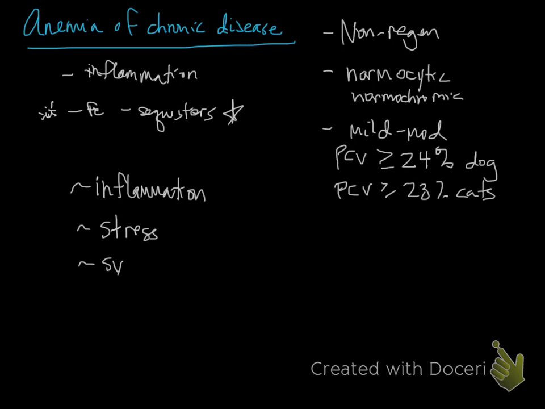And then you're going to look for other systemic illnesses, which we haven't gone through really any of these yet. So systemic illnesses could be things like liver failure, it could be underlying neoplasia, it could be something else going on in the animal to actually cause this chronic disease and then anemia.